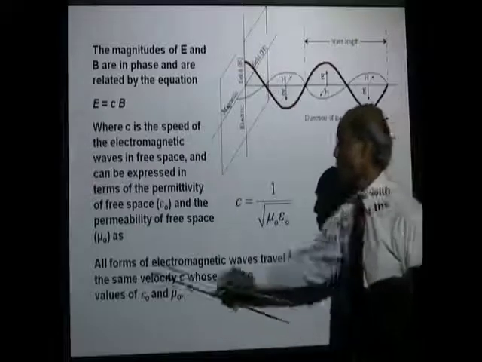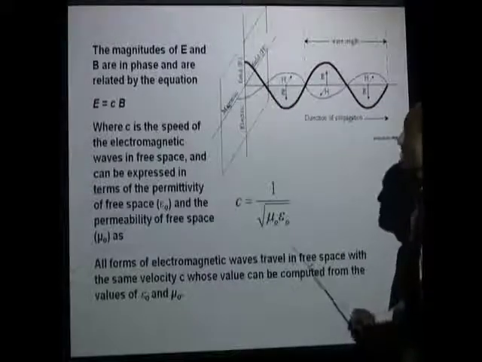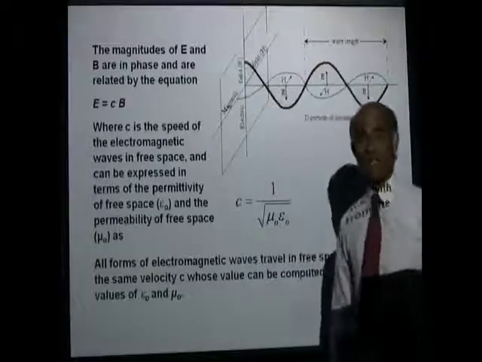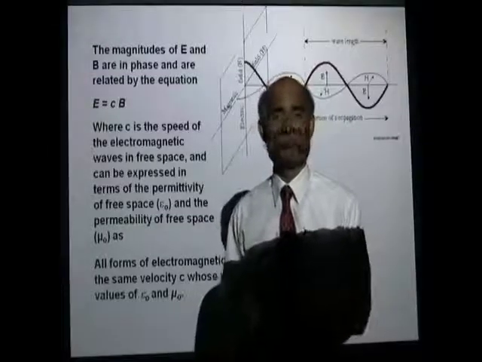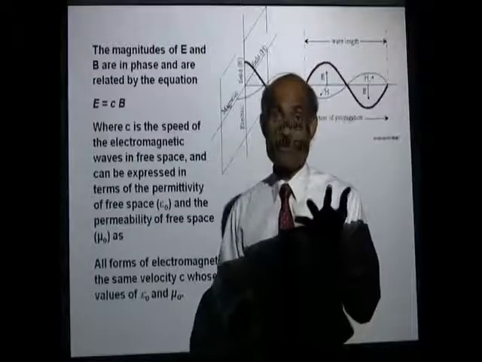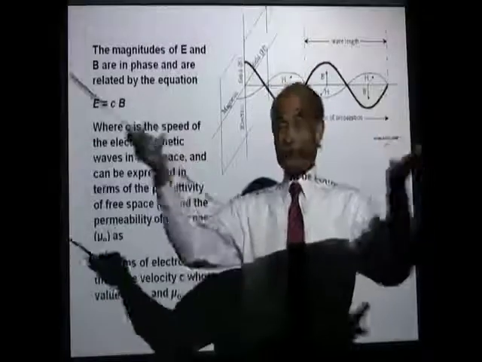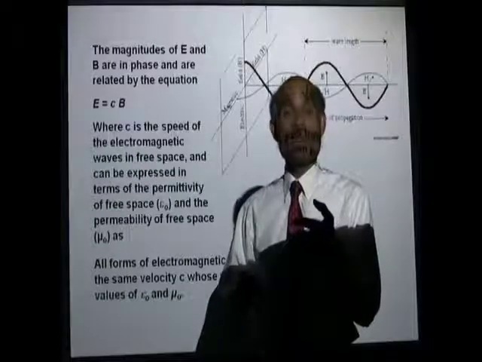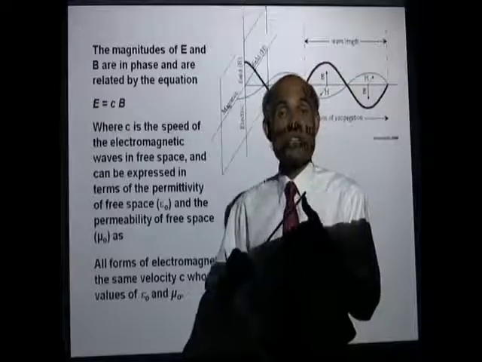Well, all forms of electromagnetic waves travel in free space with the same speed c. Now, how many forms of electromagnetic waves do you know? Well, we've got radio waves, infrared, visible light, the lights that we see, ultraviolet, X-rays, gamma rays.